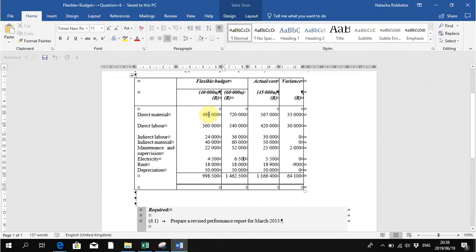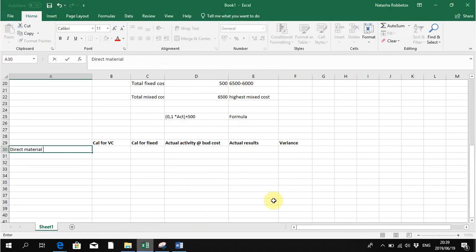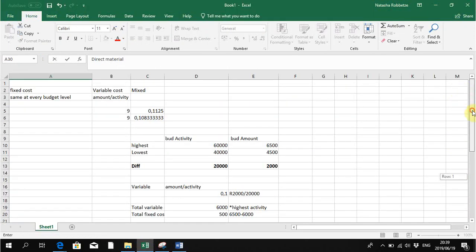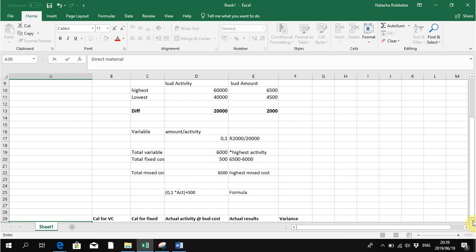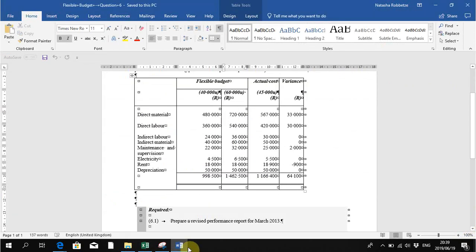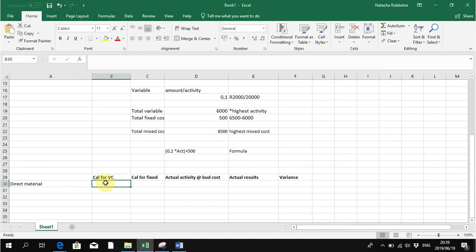And if I take the 480,000 and I divide it by my activity level of 40,000 units, I get 12 Rand. If I take my 720,000 divided by the 60,000, I get 12 Rand as well. So if I divide this by that activity, I get 12 Rand, and the same there, which means that this is a variable cost. So I'm going to fill in, I am on direct material, and the variable cost that I've just calculated is 12 Rand.